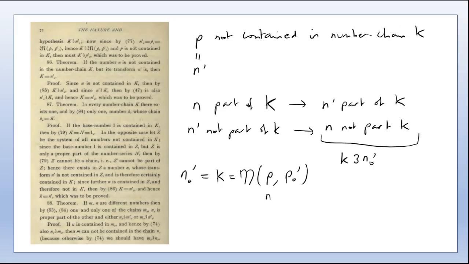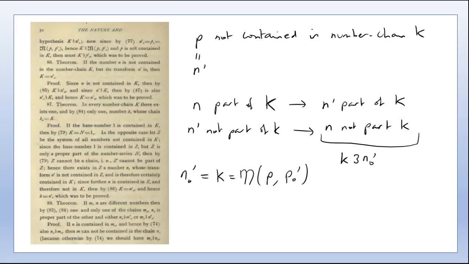We're using P as N primed, and P naught primed as, again, this kind of clumsy notation, N naught primed. I think I understand now why Dedekind constantly replaces N primed with P in this context. So let's stick with Dedekind's notation. It is less clumsy.